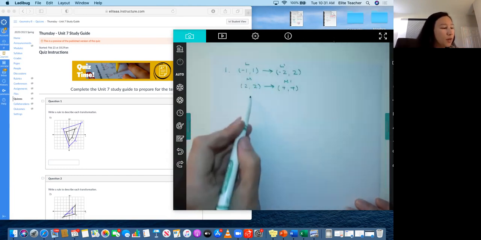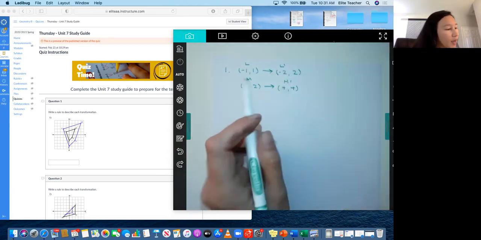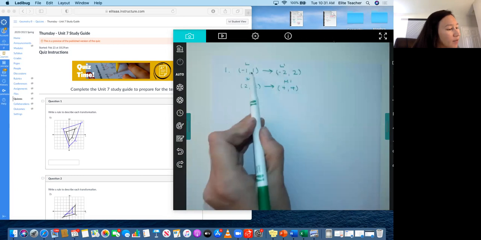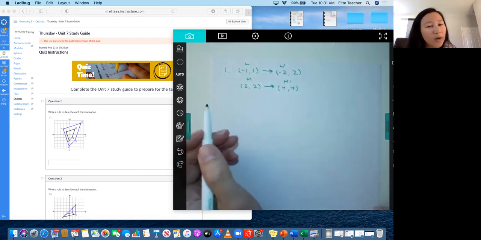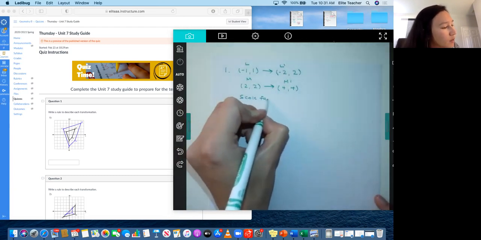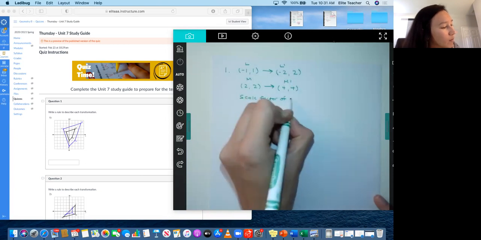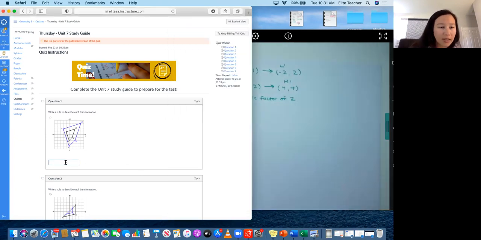So what are we doing with L and M to get L prime and M prime? So -1 to -2, 1 to 2, 2 to 4, and 2 to 4, we are multiplying by 2, right? So that means this has a scale factor of 2. I'm not exactly sure about the wording, but we'll say a dilation of 2.